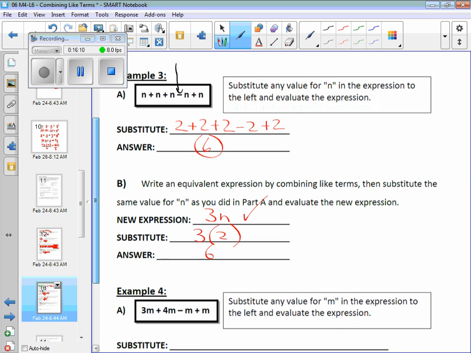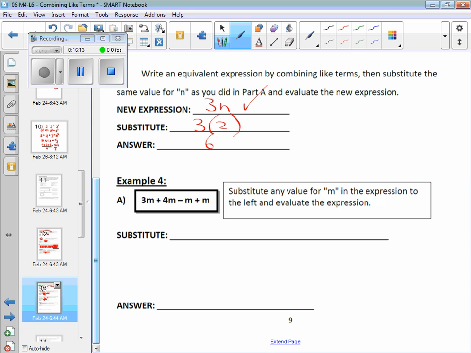Okay, now more than ever you want to kind of think small when we substitute in. 2. Substitute it in, but watch what we do. 3. Use the parentheses to substitute. That's going to mean to multiply.